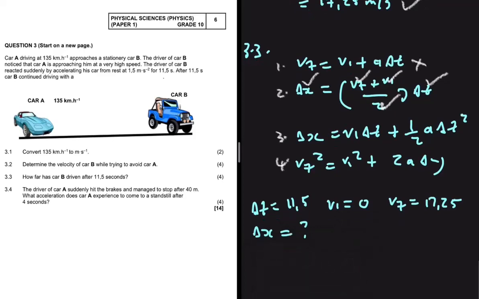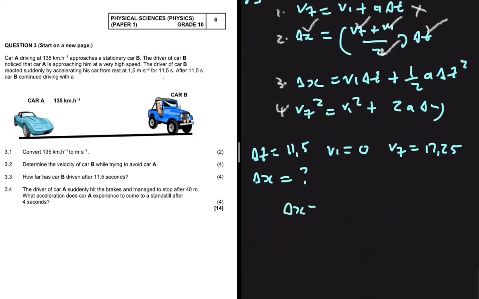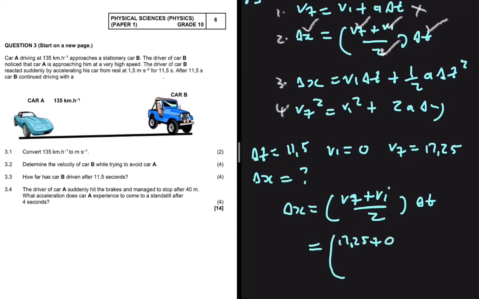So now we're going to say that delta x is equal to vf plus vi divided by 2 multiplied by delta t. So delta x will be equal to, what is vf? vf is 17.25. We calculated it in the question above, plus vi, which is equal to 0.